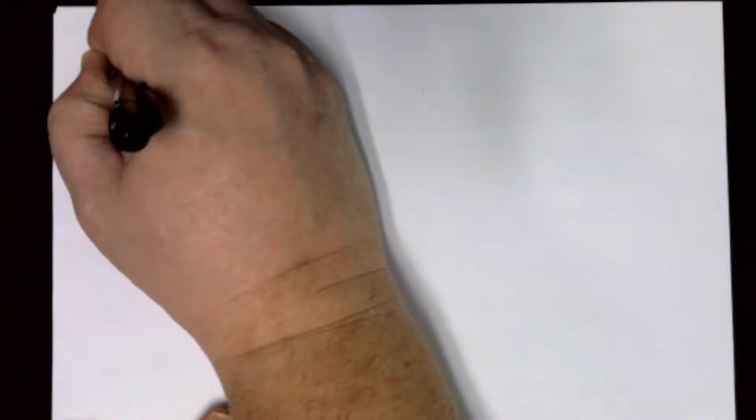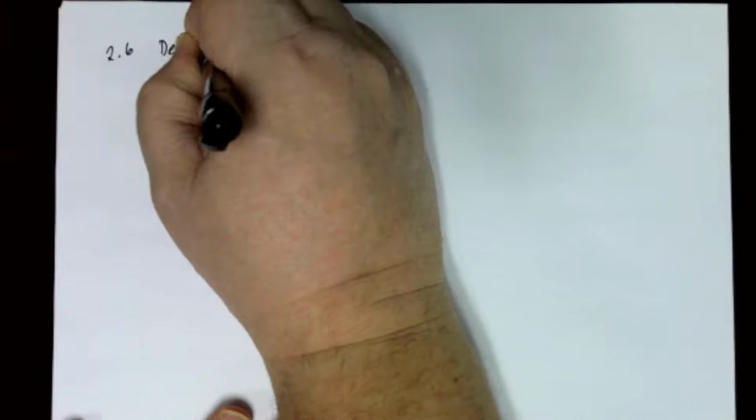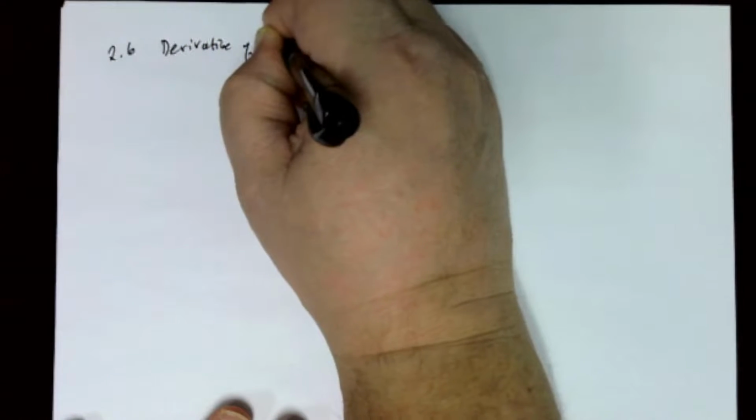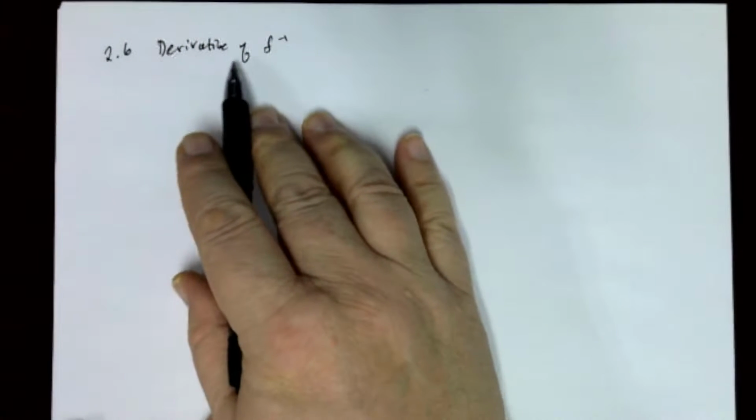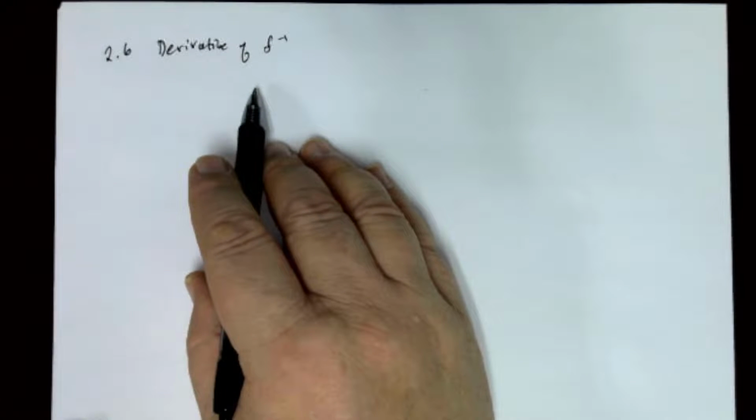So this is section 2.6, and in 2.6 we're interested in derivatives of the inverse functions. Derivative of f inverse. And actually we can think of it as what is the relationship between the derivative of f and the derivative of f inverse.